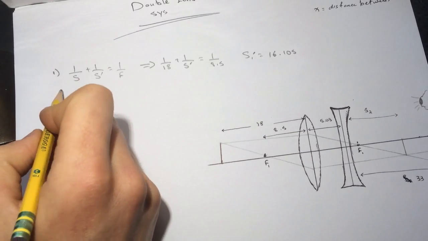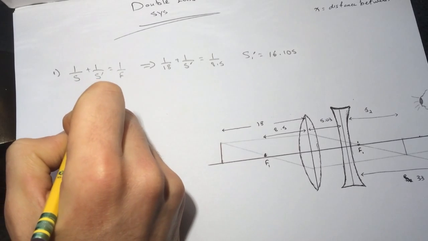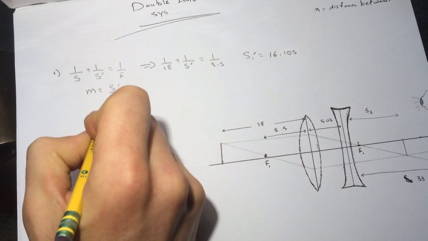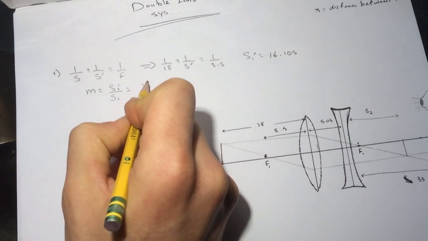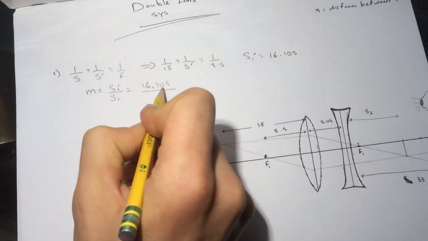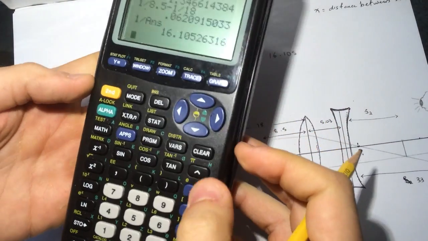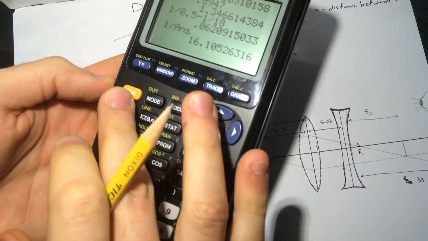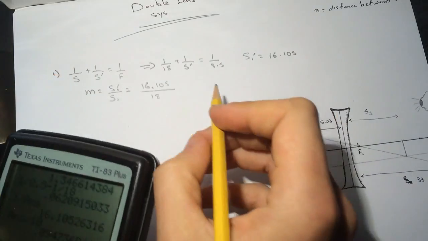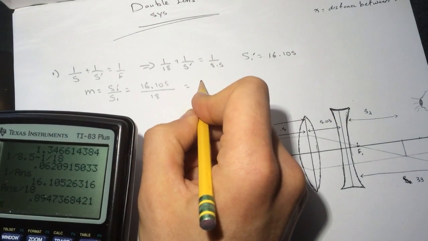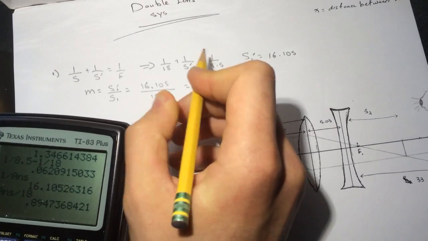Okay. So let's get the magnification of this lens. M will be s prime over s, so s1 prime over s1. It's going to be 16.105 divided by s1. S1 is 18, so 16.105 divided by 18, you'll get 0.8943.